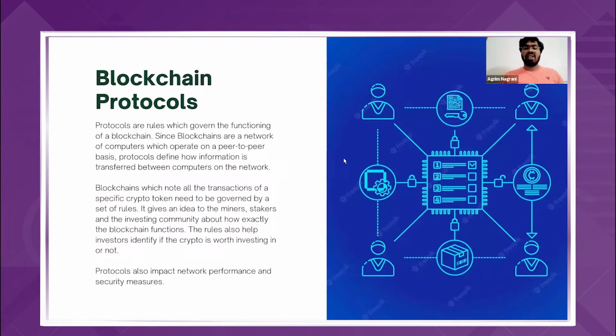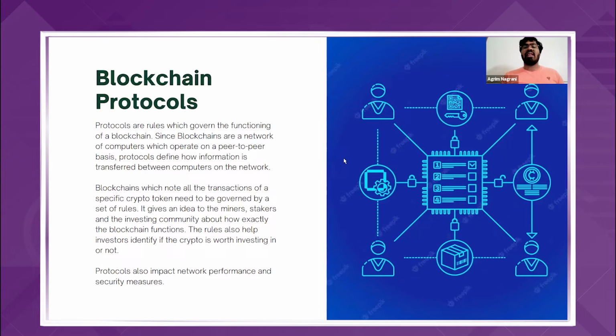Now blockchain, which notes all the transactions of a specific token, needs to be governed particularly so that better functioning and smoothing of the ecosystem is present. A blockchain protocol also gives the miners, stakers, and the community the idea of what exactly that project or token is about.